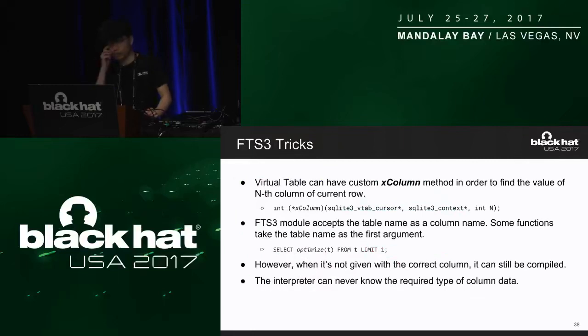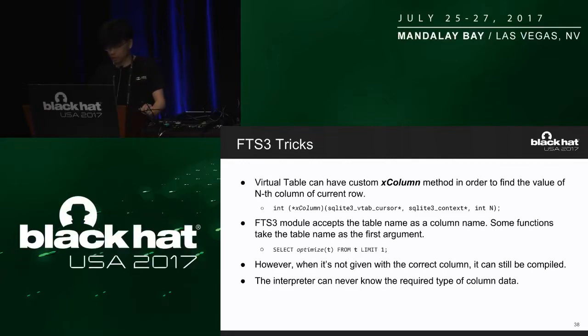Now let's have a quick review of the virtual table mechanism. The virtual table can have a custom method, xColumn, to find the value of the nth column of the current row. In an FTS3 virtual table, it accepts the table name as the column name.